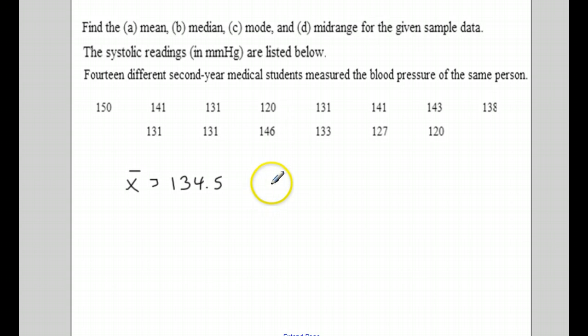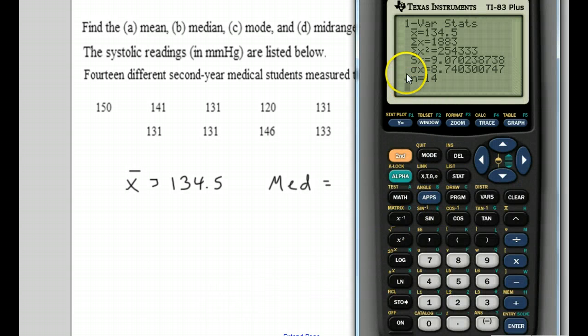Alright, and then you can scroll down a little further and get the median. You notice this little arrow right here means there's more stuff below. And then MED is your median, so 132.